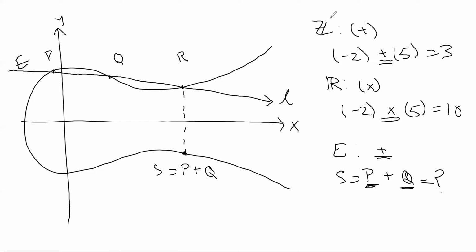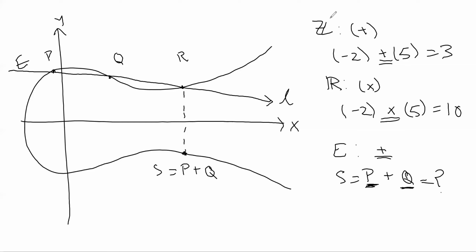And if we treat points on the elliptic curve as elements in our group, the addition operator is then defined as the point you get when you draw a secant line through the two points you're trying to add, P and Q, and then take that resulting point R and reflect it over the x-axis.